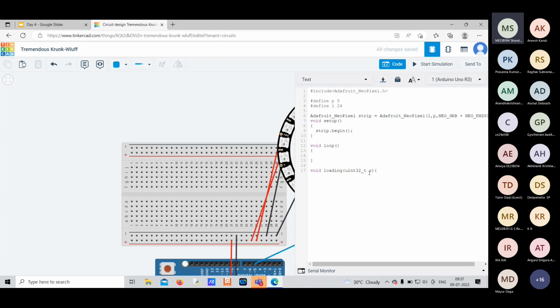The memory space is named c, and we'll see in the code where we're going to use it. This is a data type very specific to functions like Neopixel, so these are really specific data types that we won't be using generally.